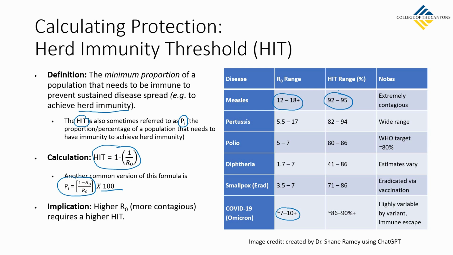The virus that causes measles is one of the most contagious viruses on the planet. So an HIT of 92 to 95% means that we really want to achieve 95% immunity within a population. Then we can be confident that we've achieved herd immunity and measles will not spread.